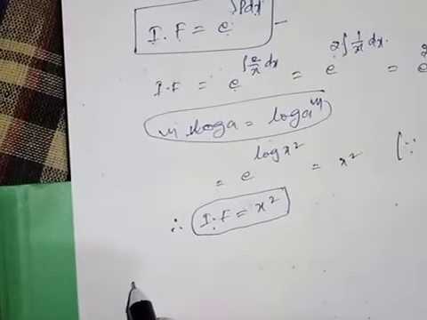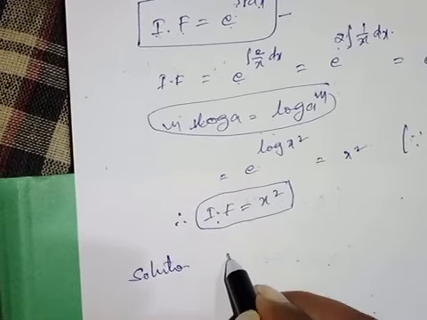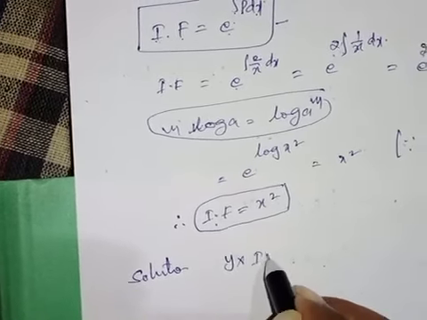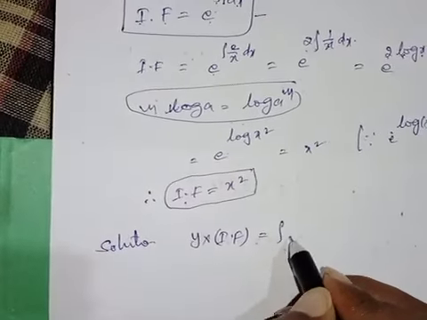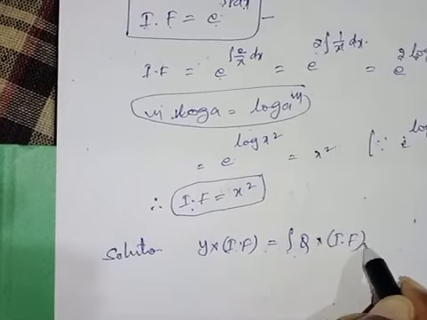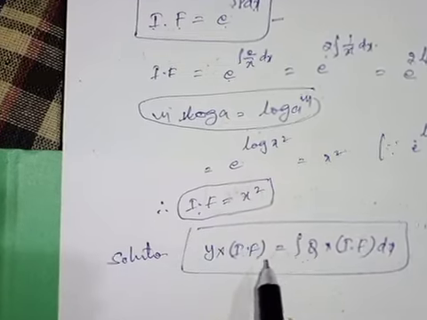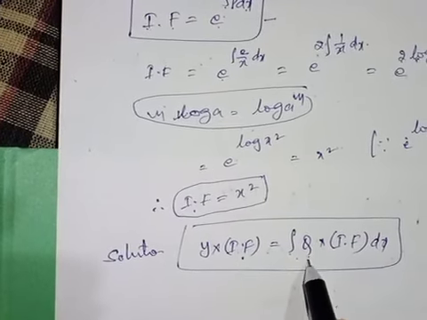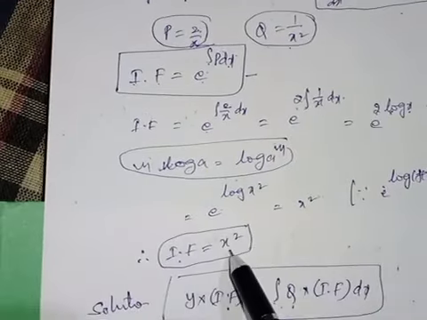Now the general solution, that is the solution formula, is y into integrating factor, which is equal to integral of q into integrating factor into dx. This is the solution formula. Now substitute the IF value and q value in the formula. Q value is 1 by x square, IF value is x square.